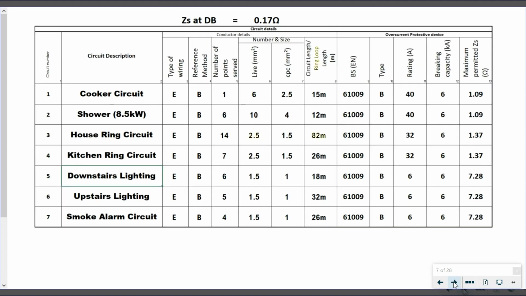So we're looking at the little r1, so we're going to look at the live conductor cross-sectional area and the loop length. Remember the ring loop length, so it's 82 meters on the loop.